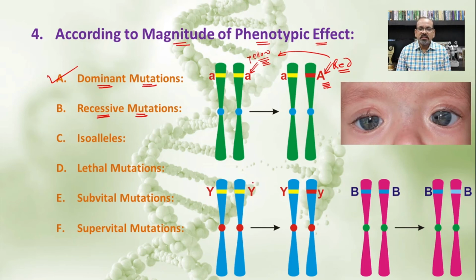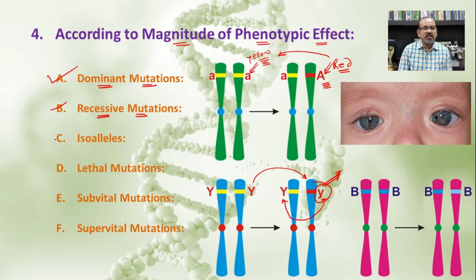So here the gene which is responsible for the formation of the yellow colored flower has mutated into a red colored flower, but the red color is recessive to the yellow color. Such types of mutations will be considered recessive mutations, and the recessive mutation will express itself only in a homozygous condition in the upcoming generations.